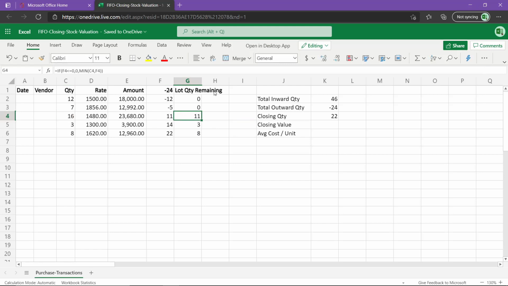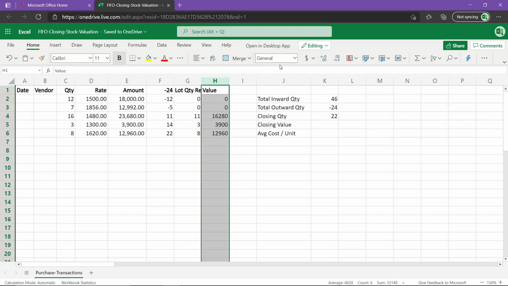Coming to the valuation, that's easy. Value would be very simple: is equal to whatever quantity is remaining into rate. So I can even extend this by double clicking here. So this is my total value.